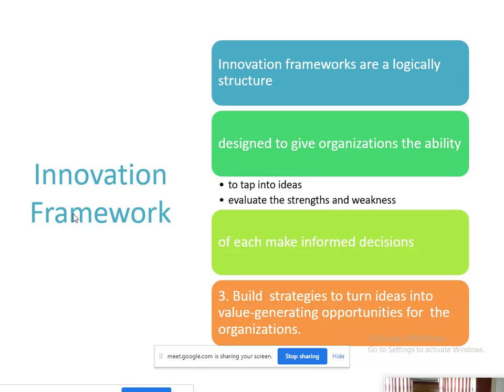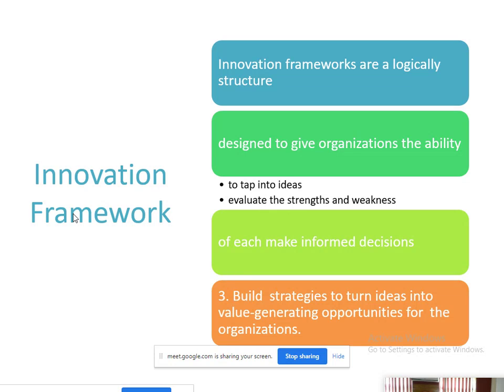So it is just like a document, a logically designed structure, which must be followed by the innovation team and, in parallel, the other members of the organization also. And next is to tap into ideas and evaluate strengths and weaknesses.